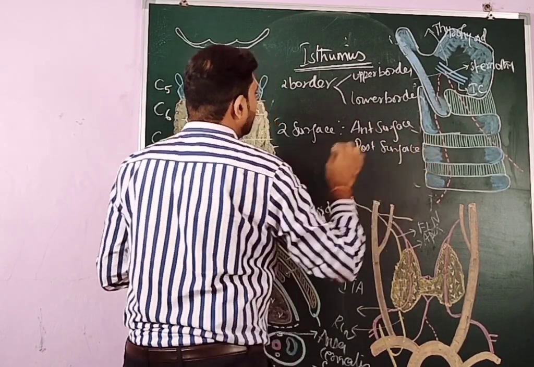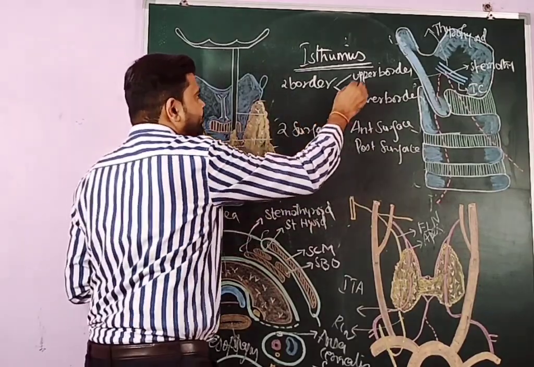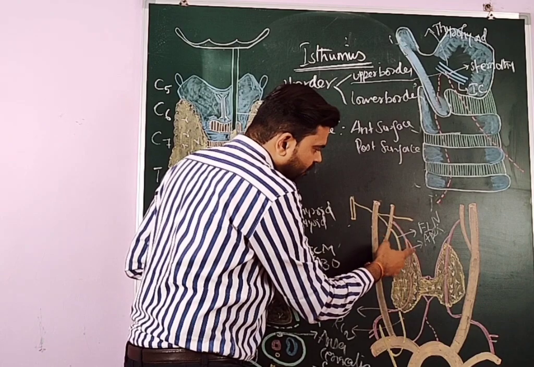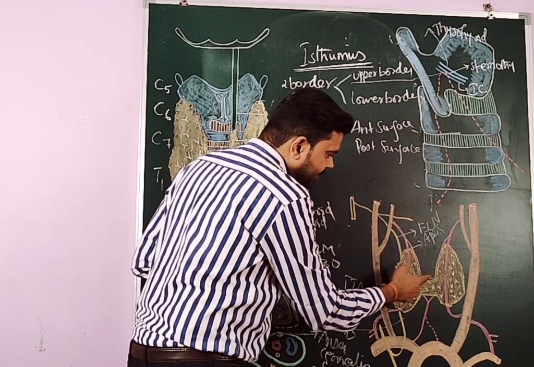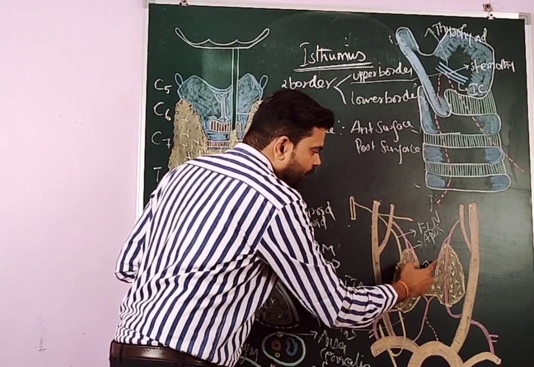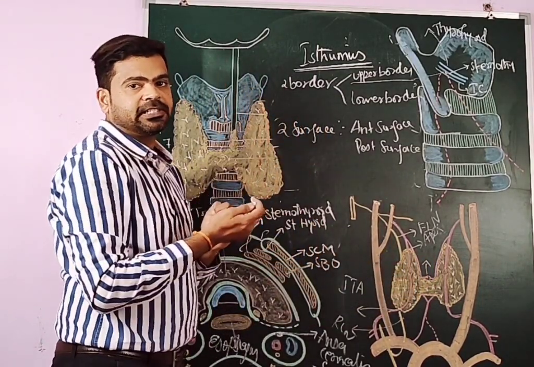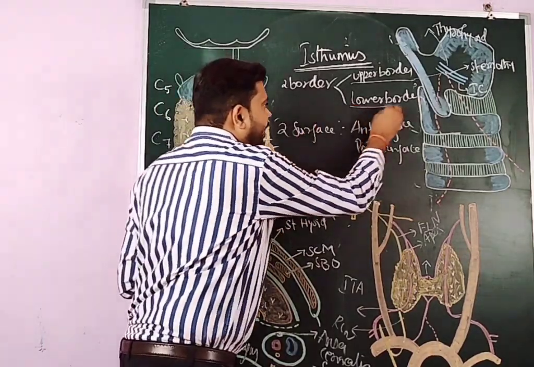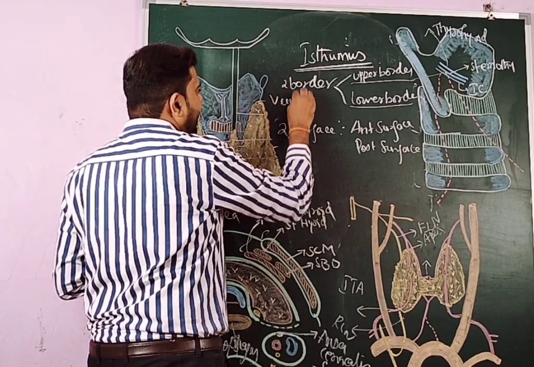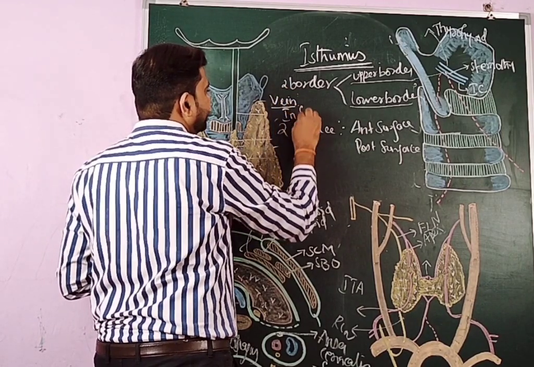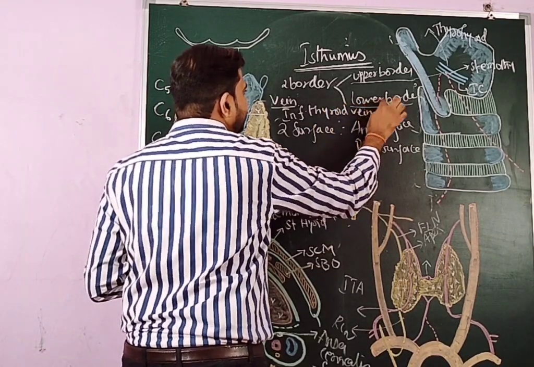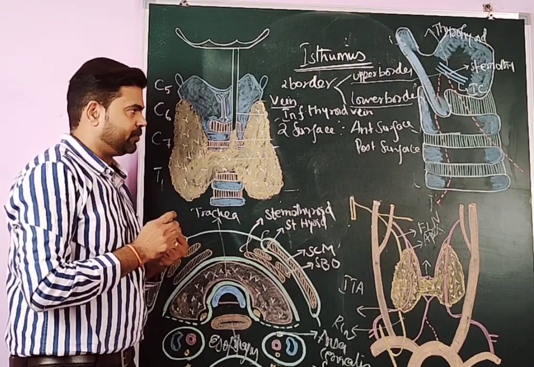When we talk about the upper border relation, you can see in this diagram the anterior branch of superior thyroid artery on both sides anastomose in the upper border. In the lower border, one important vein emerges, that is the inferior thyroid vein. The inferior thyroid vein will be emerging from the lower border of isthmus.